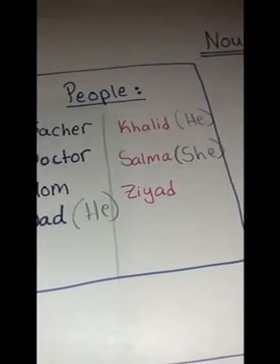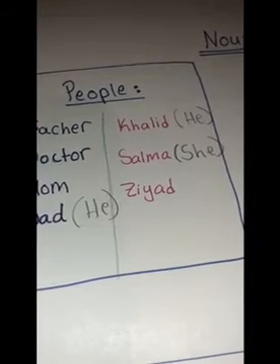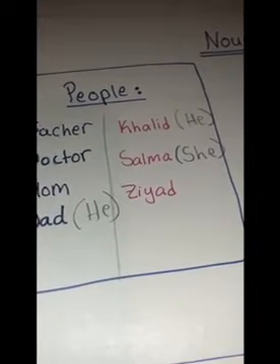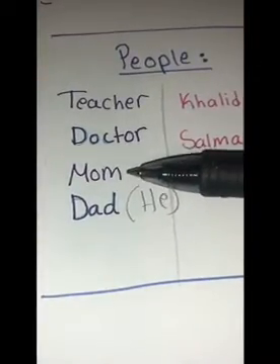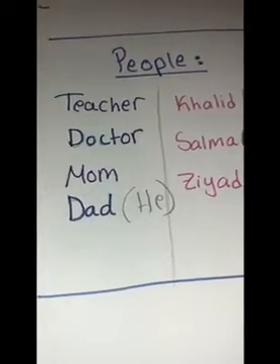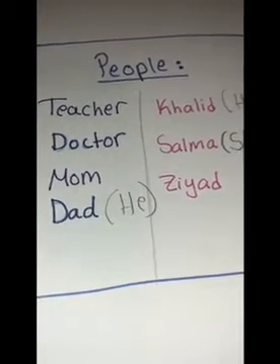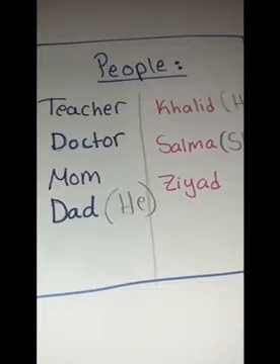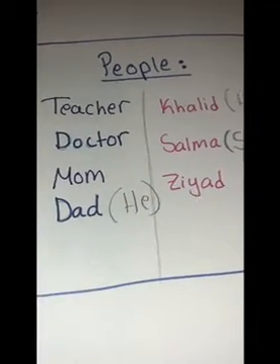And the same happens when we are talking about one woman. For example, your mom. Your mom is a woman, okay? So, what do we use as a pronoun for mom? What can we use? He or she?